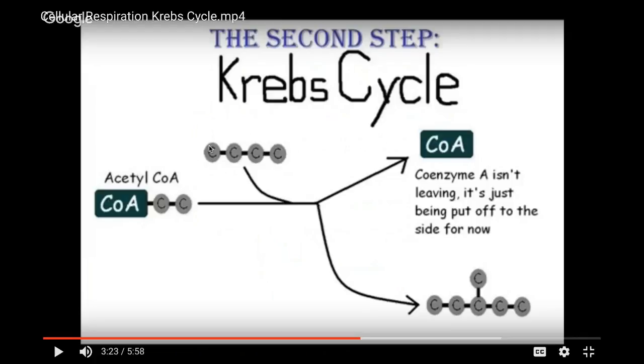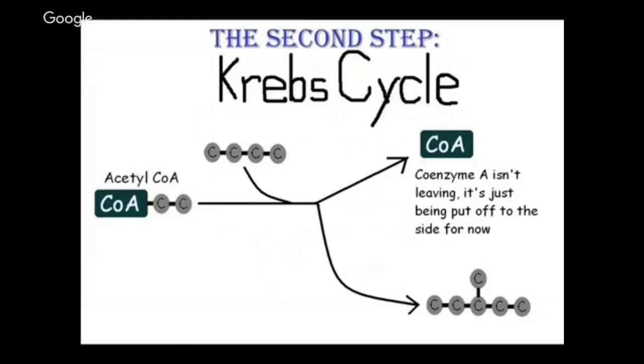And that's what this is doing here. It's taking that glucose molecule, breaking it into pyruvic acid, putting that pyruvic acid into acetyl-CoA, because pyruvic acid was a 3-carbon compound. Now we're going to take this acetyl-CoA, combine it with this oxaloacetic acid to create a 6-carbon compound. All right? Entering the Krebs cycle and coming together with a 4-carbon compound.